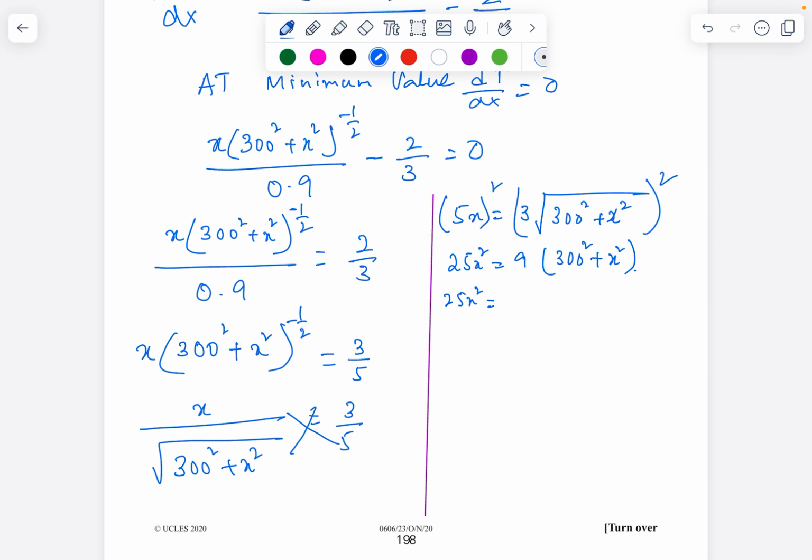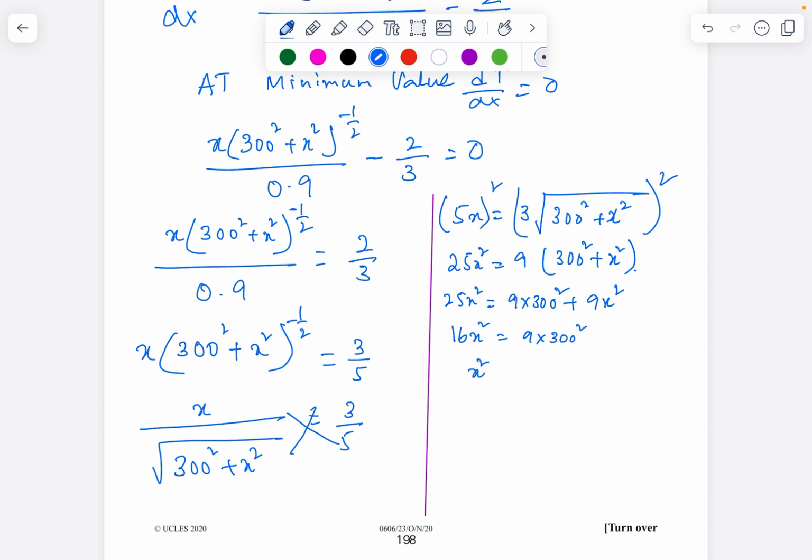So 300 square times 9. I will just write it as 9 times 300 square plus 9x squared. Is it okay? So now I will bring all the x squared terms together. So this becomes 16x square is equal to 9 times 300 square.